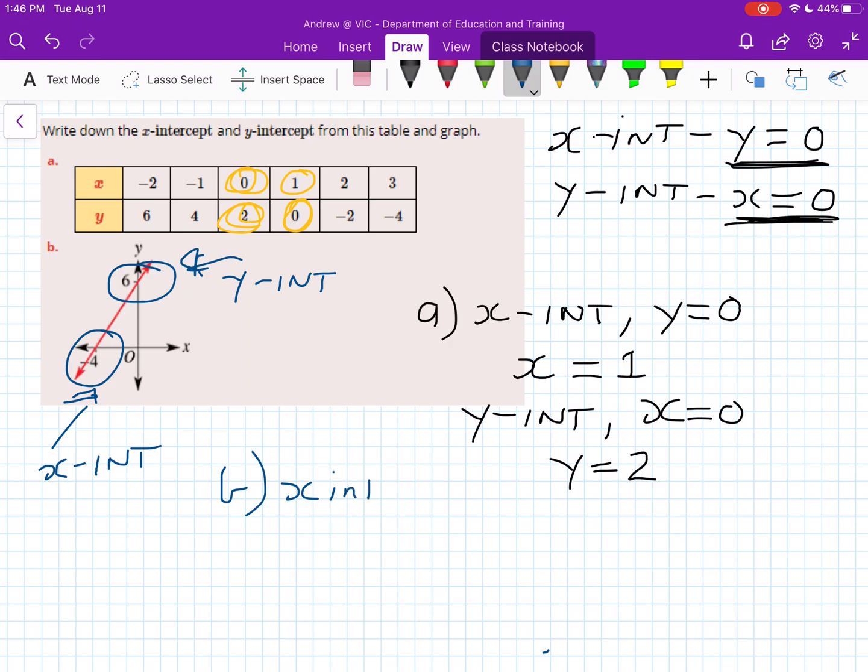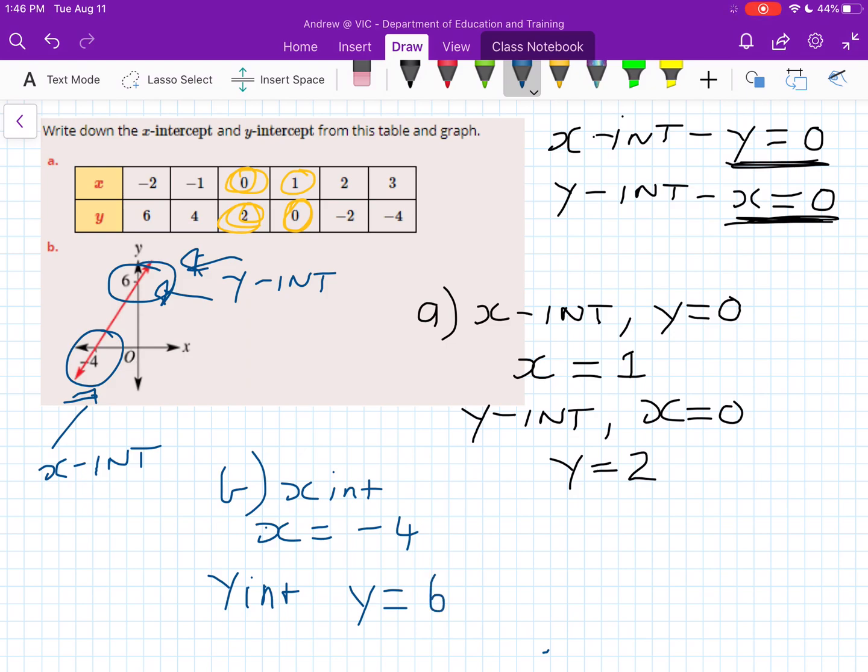This is our one at the bottom that goes through the horizontal axis. This is when x is equal to -4, and our y-intercept, that's up the top here, in our vertical axis. This is when y is equal to 6.